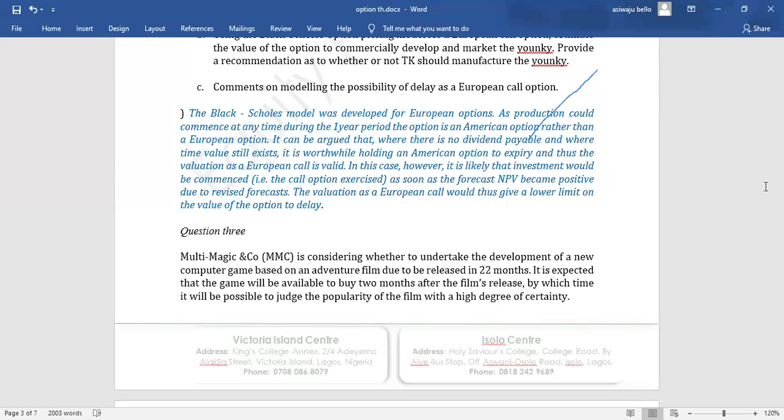It must be at expiration or at maturity. So I will explain the differences.